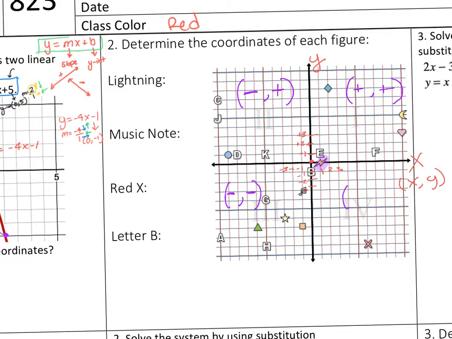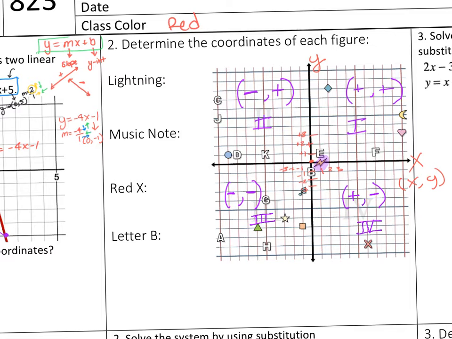If you have a value in the 4th quadrant, this is quadrant 1, this is quadrant 2, this is quadrant 3, this is quadrant 4. If you have a value in quadrant 4, that means that your x is positive and your y is negative.